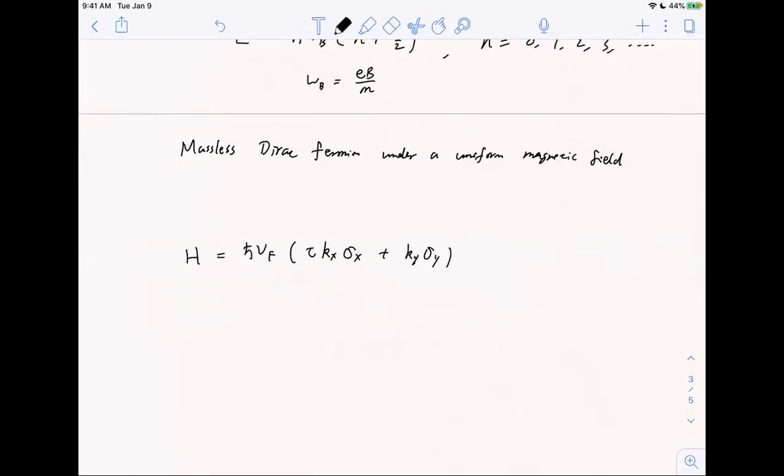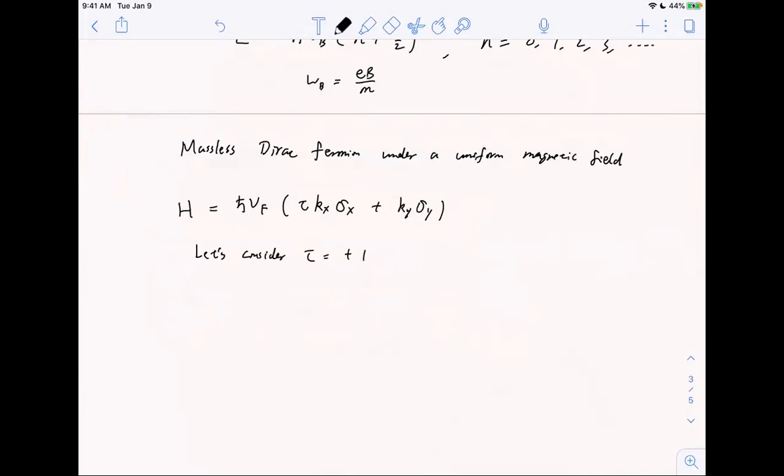Let's consider just one valley then, tau equal to plus 1, just to make it simple.